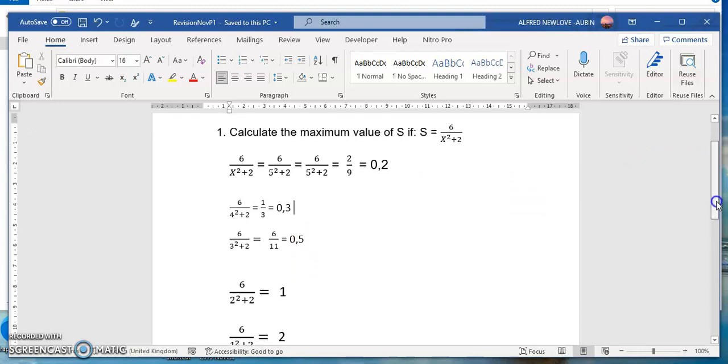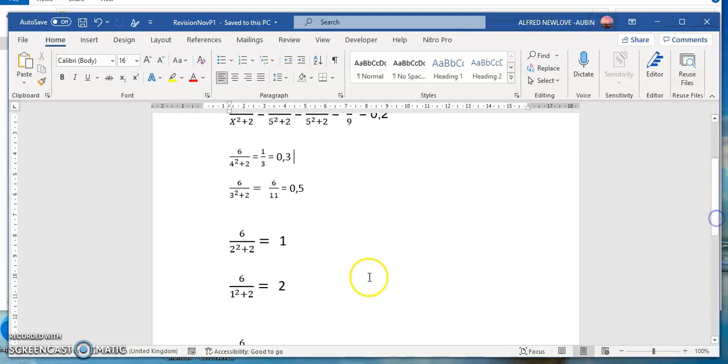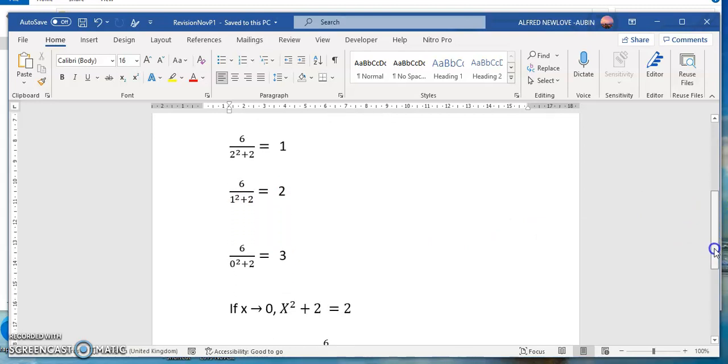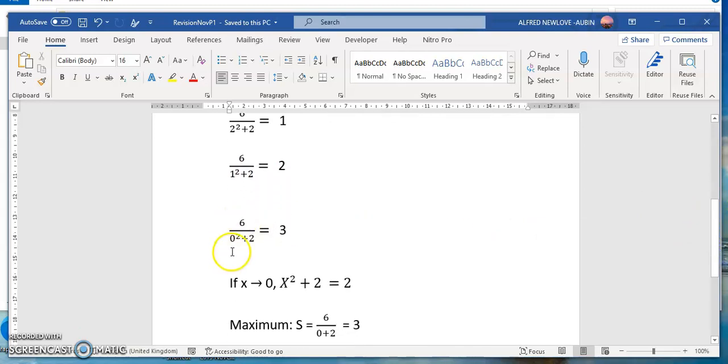Let me do the next one. If I reduce it to 2, it becomes 1. If I reduce it to 1, it becomes 2. So if I tend to reduce x to 0, the whole expression becomes 3.